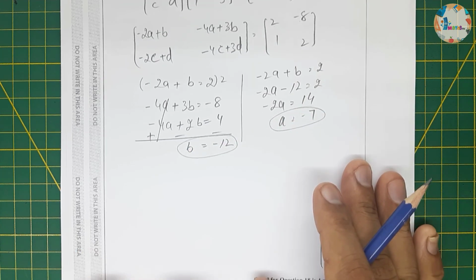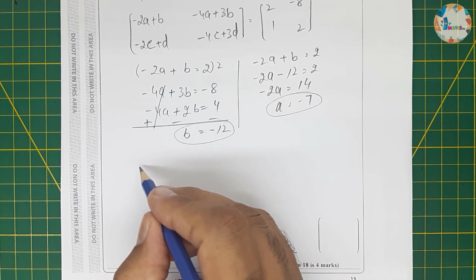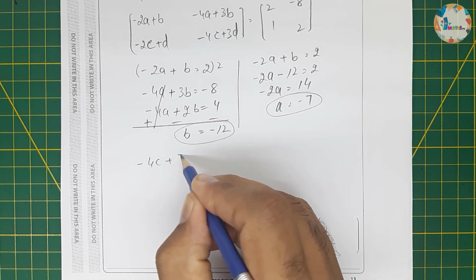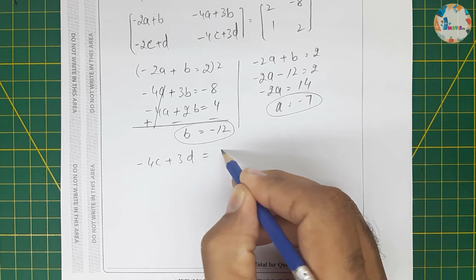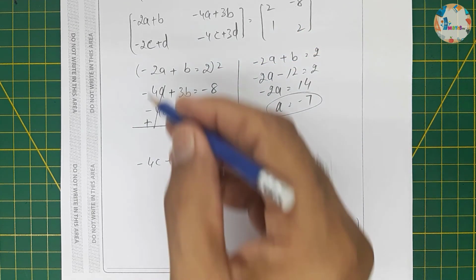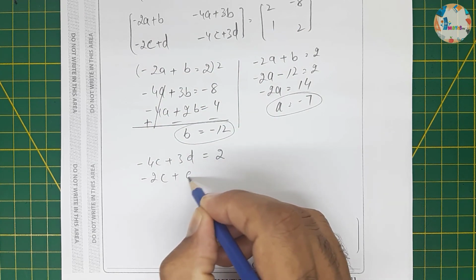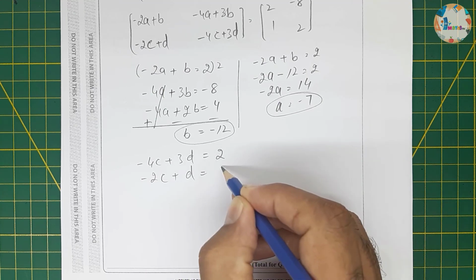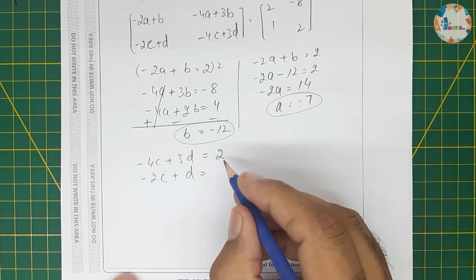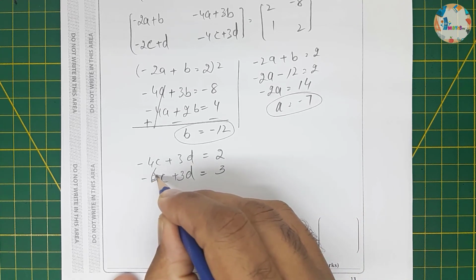Now c and d. For c and d we will be solving the other two equations. So I'm writing this equation, minus 4c plus 3d is equal to 2, and the second equation we will write minus 2c plus d is equal to 1, and we can multiply this equation by 3, so we'll write here 3, and I will make it 6.